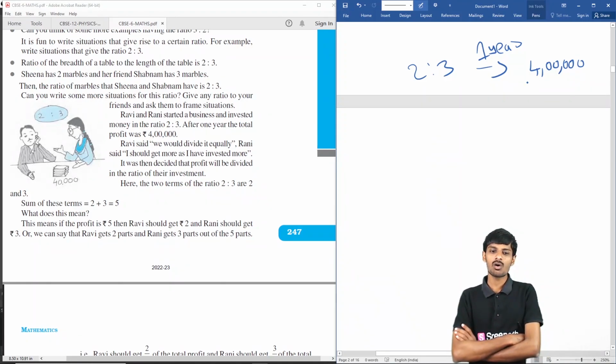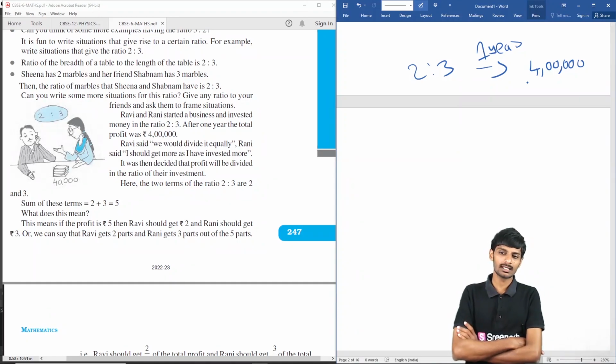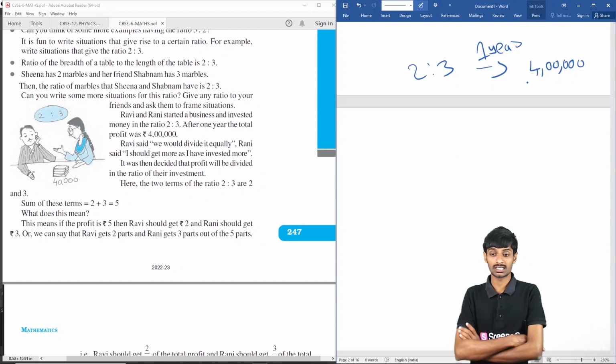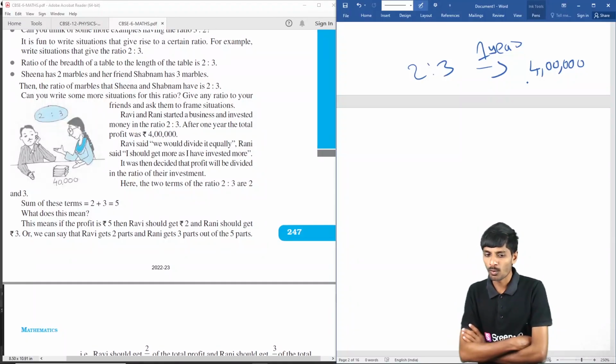Now, how can they divide it? So then Ravi said, we will divide it equally, but Rani said, no way. Why? Because I will get more profit. Why? Because I have invested more.